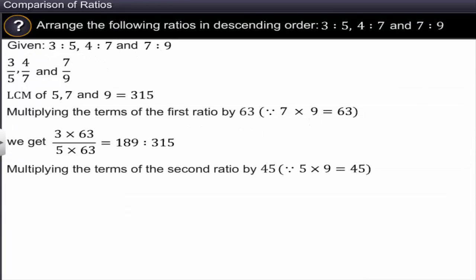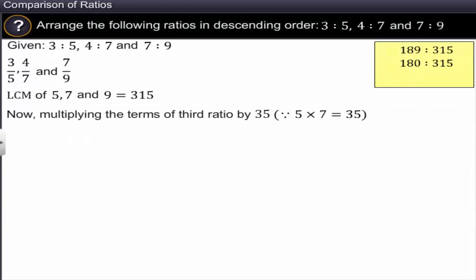Multiply the terms of the second ratio by 45. It is 45 because the consequent of the second ratio is 7, so we multiply the other two, 5 and 9. The resultant ratio is 180 is to 315.